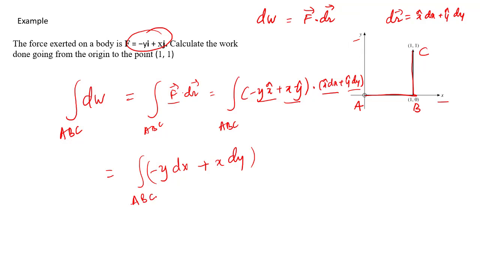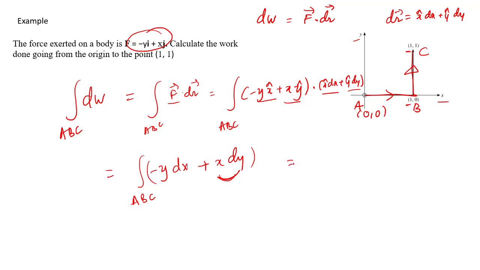So we notice that when we are going from A to B, we are going from 0, 0 to 1, 0. So the y coordinate is not changing. So for going along AB, the y dy term would be 0 because y doesn't change. Whereas while going from B to C, the x coordinate doesn't change, so dx is 0.